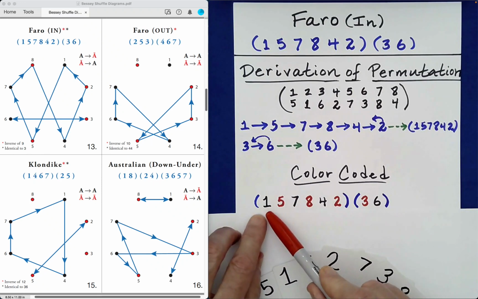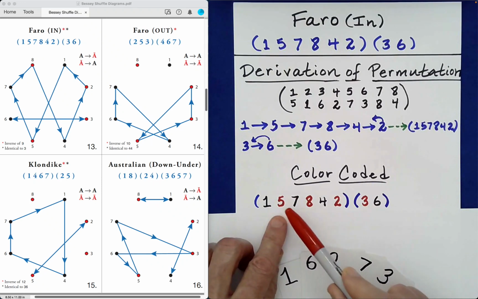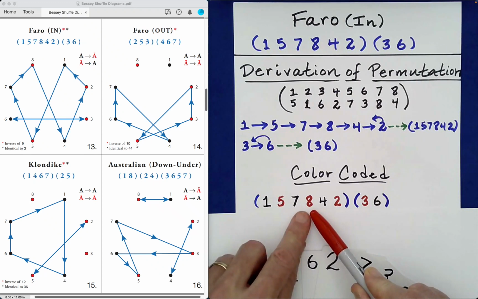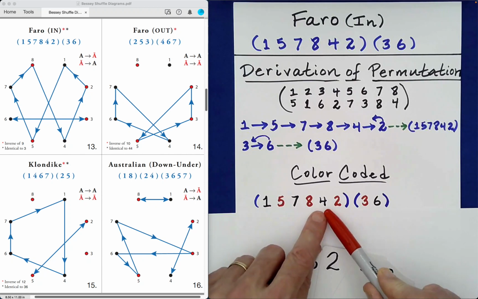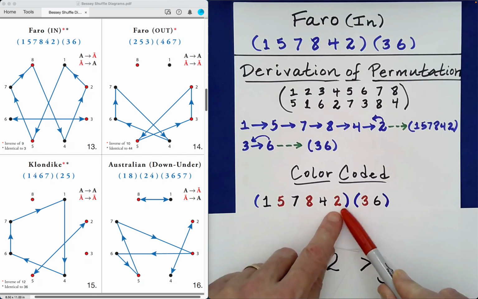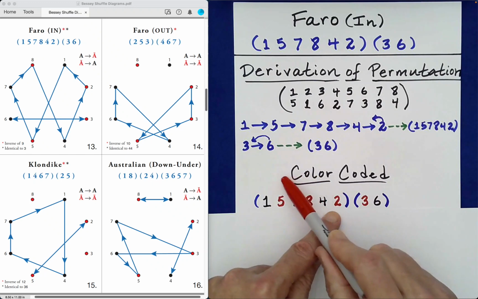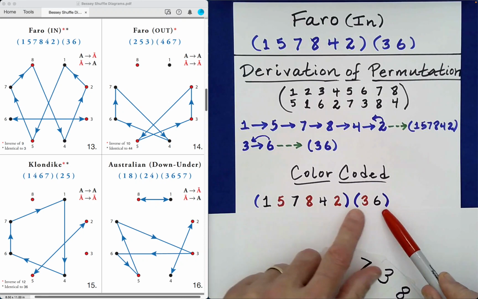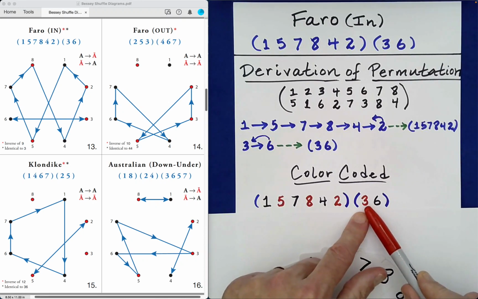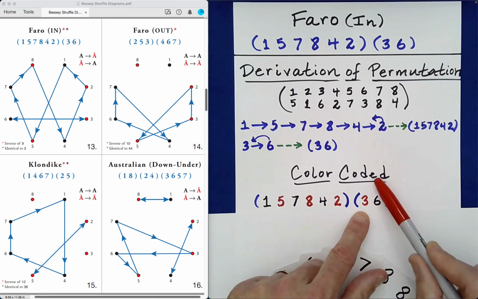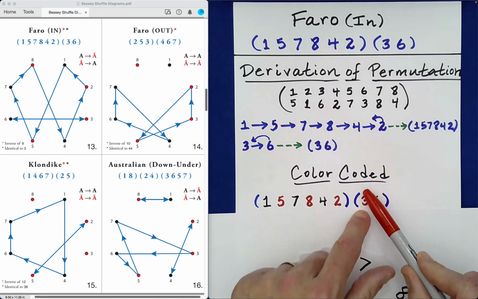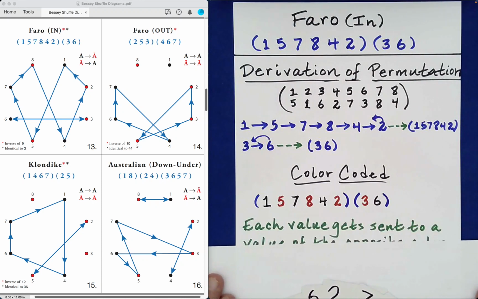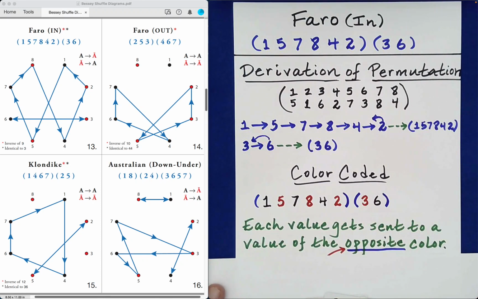So black 1 gets sent to red 5, which gets sent to black 7, which gets sent to red 8, which gets sent to black 4, which gets sent to red 2, and then red 2 gets sent over here to black 1. In a similar fashion for the transposition, red 3 gets sent to black 6, which gets sent back to red 3. So we can see here that each value gets sent to a value of the opposite color.